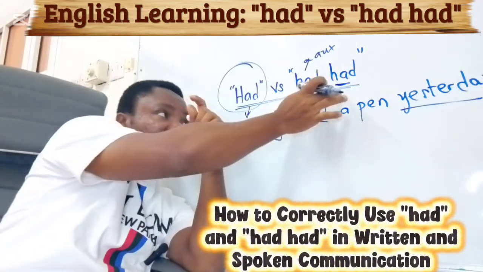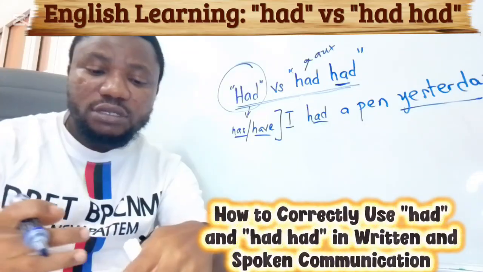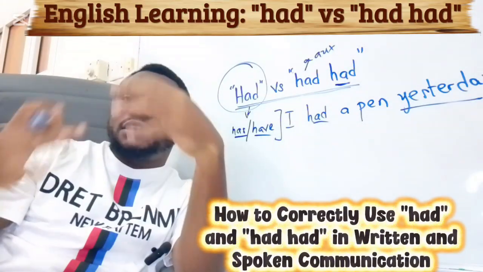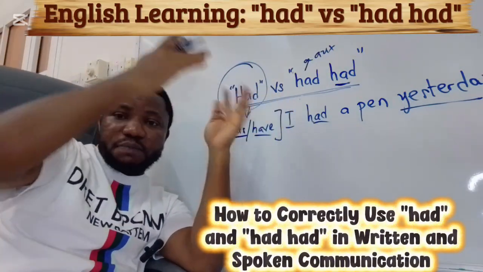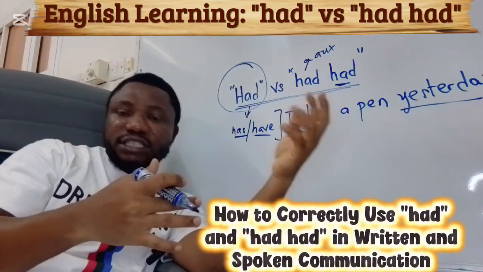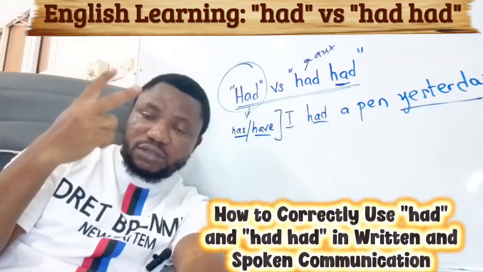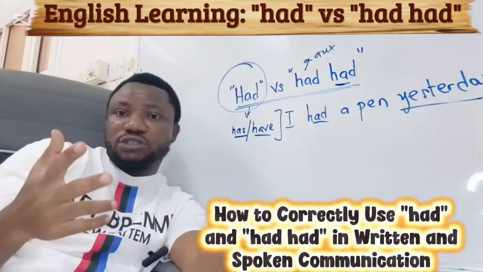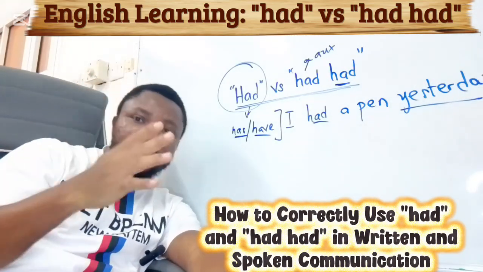The only time you use this is when you talk about an action in the past participle. And for you to talk about past participle, you must have at least two events to talk about.